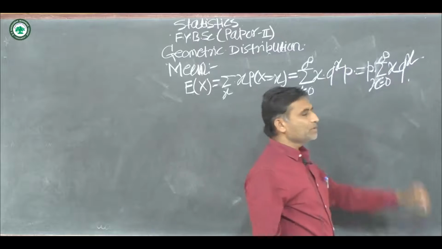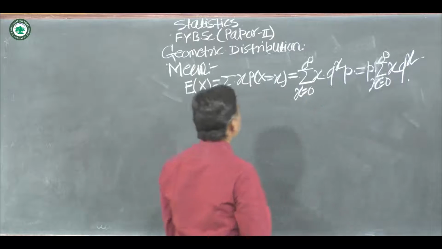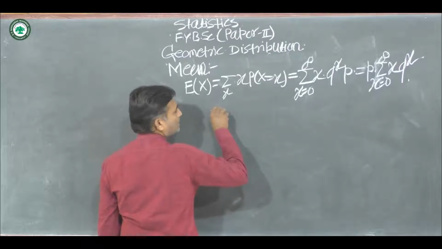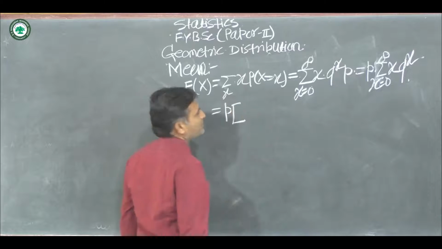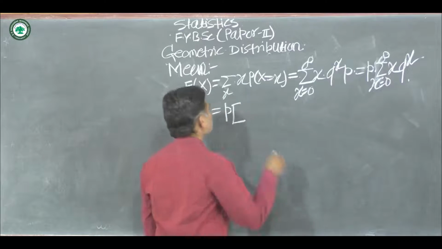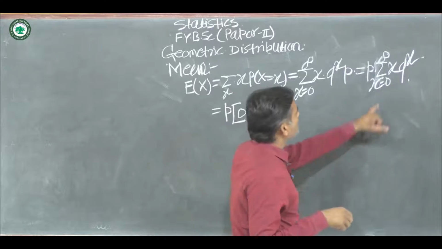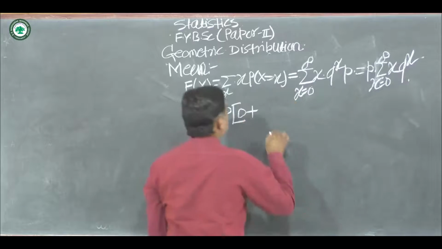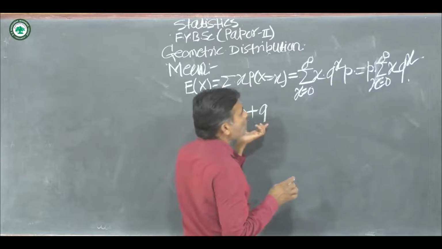Now put x equal to 0, x equal to 1, x equal to 2, then we have a series which is equal to p into in bracket: if we substitute x equal to 0, the value is 0, plus now put x equal to 1, the value is q.